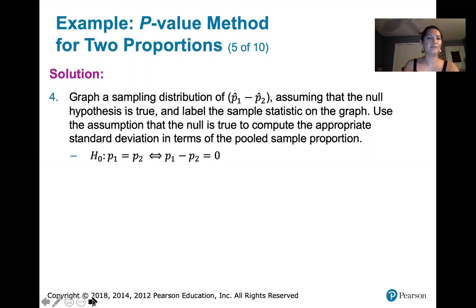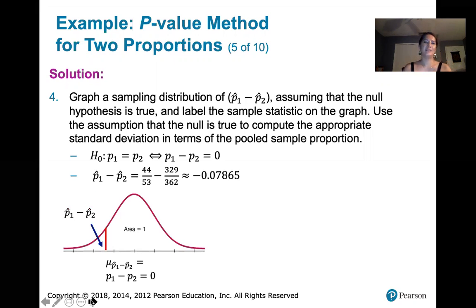Okay, so if the null hypothesis is true, P1 equals P2, that means that P1 minus P2 would have to be 0. Now P1 hat minus P2 hat is just that proportion minus that proportion. And if we take a decimal approximation, we see that P1 hat minus P2 hat is approximately negative 0.07865.